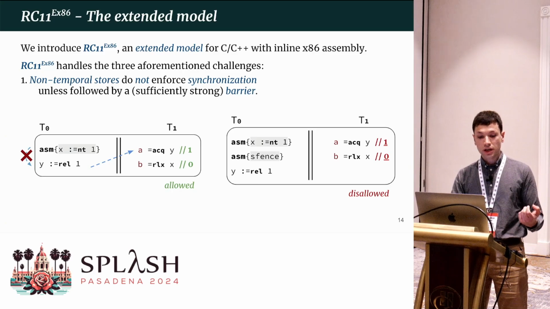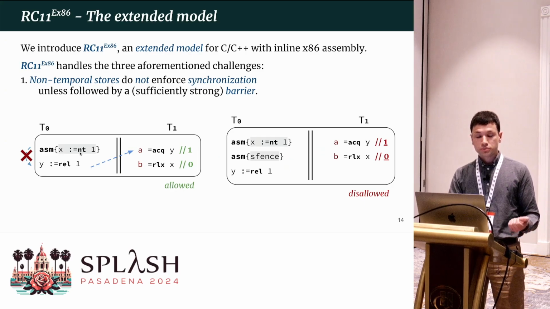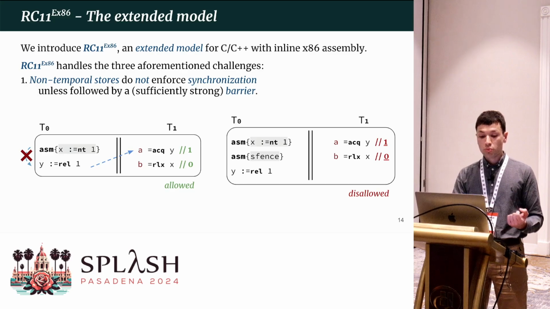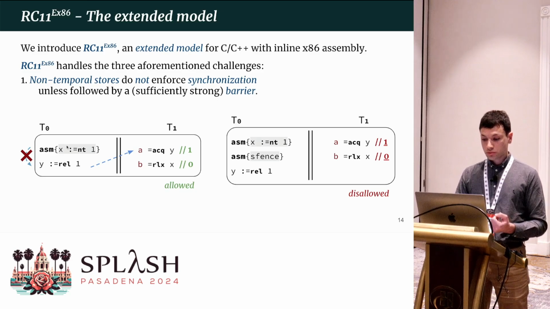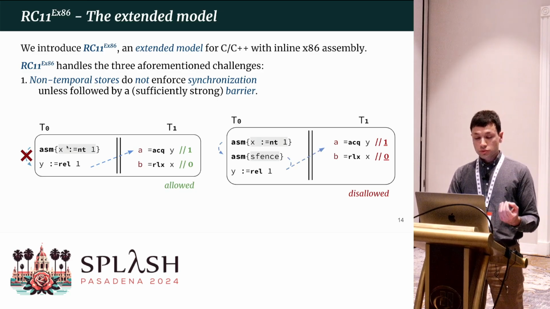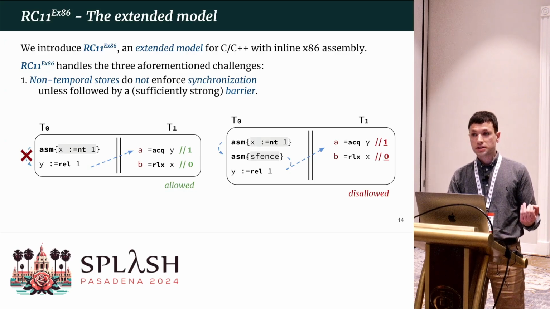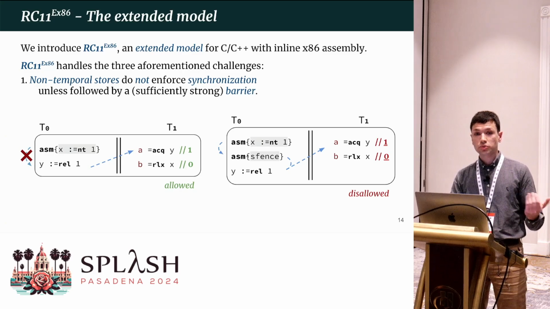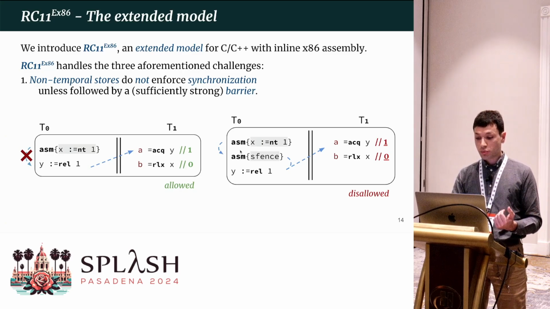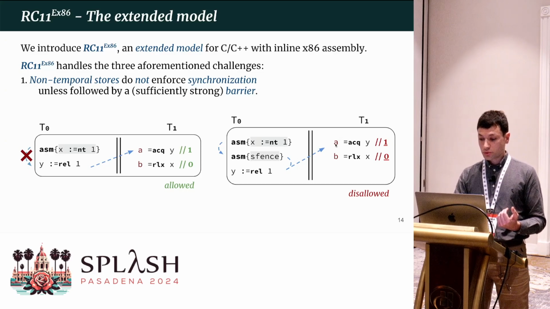In RC11, every local access is by default synchronized. But now in our extended model, we remove these synchronization edges when it's a non-temporal store. However, we do allow the synchronization edges between non-temporal stores and store fences, which is an instruction from x86 that's meant precisely to stop the reordering of non-temporal stores. And by transitivity, we would get the synchronization between the write to X and the read to Y.